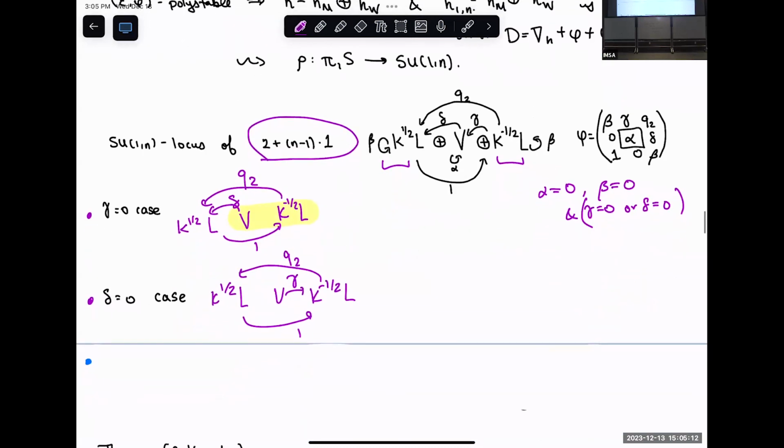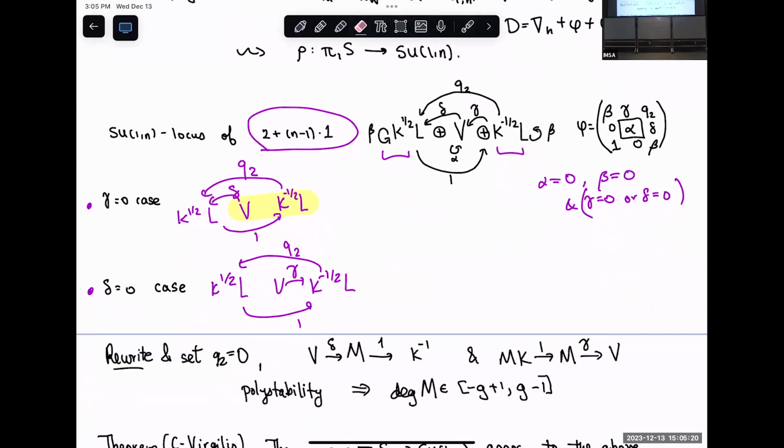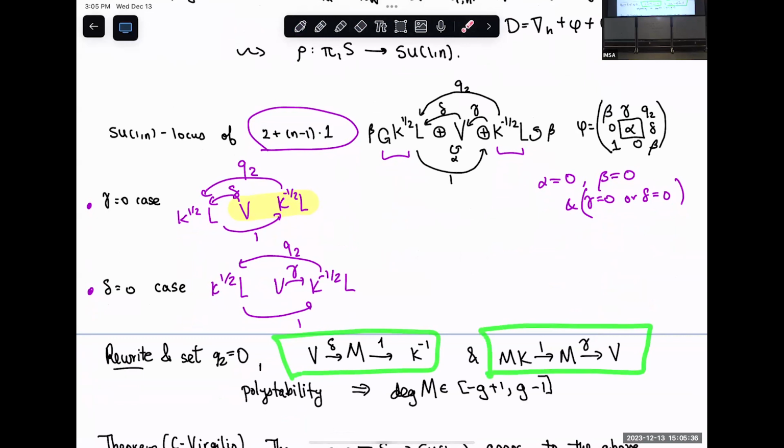Okay, so what I'm going to do is specialize just a little bit more: set the quadratic differential to 0 and rewrite them. And what you get are these special types of Higgs bundles associated with variations of Hodge structure. The first case, when gamma is equal to 0, is a variation of Hodge structure like this. In the second case, when delta is equal to 0, you get a variation of Hodge structure like this.